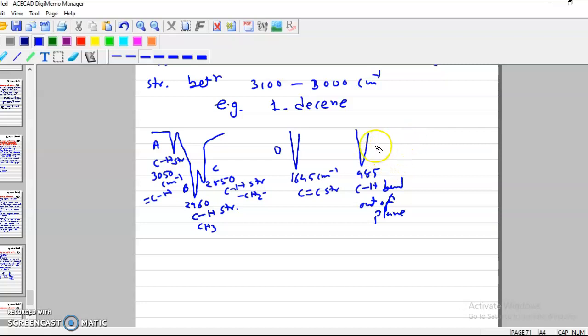Okay, and this is E band. Next would be at 720 centimeter inverse. It is due to CH2 rocking. So these are the bands that appear because of the presence of CH bond along with C double bond C.